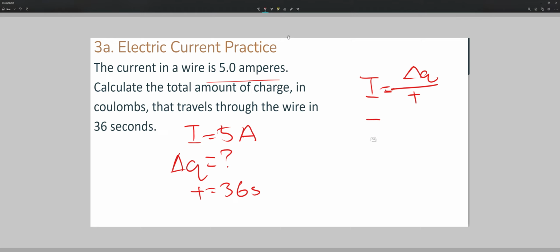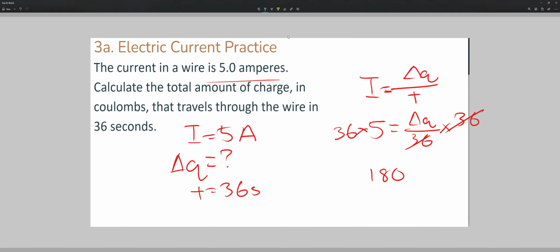So my I is 5, my Q is what we're going to solve for, and my t is 36. I'm going to multiply by 36 on both sides, so 5 times 36. That's 180.